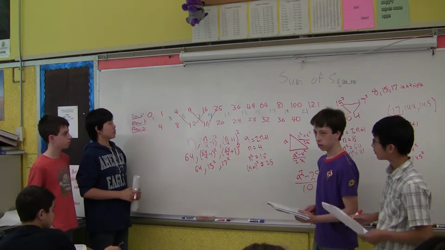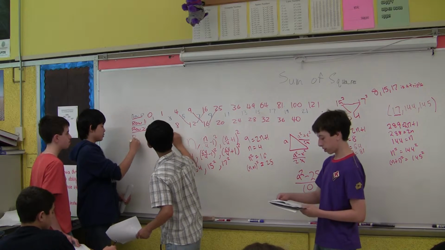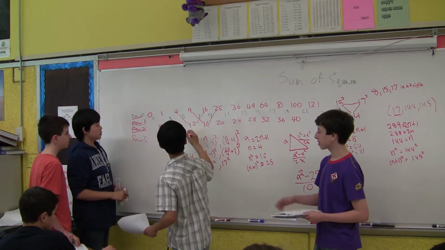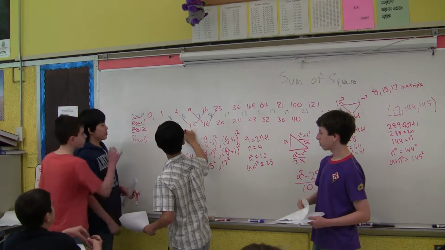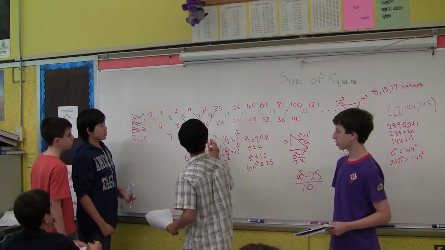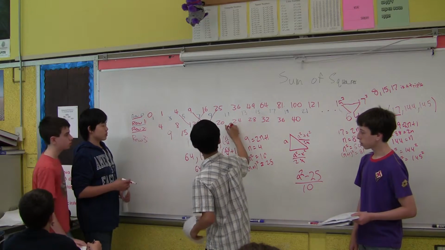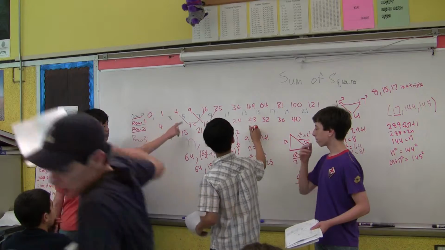Row 3 will be 13. No, sorry, let me say 16. I'm not a good counter, I'm sorry. 15, 21, 26, see, there's a pattern here too. It's plus 6, 6 apart every time, 31. It's because you're just adding the 2.